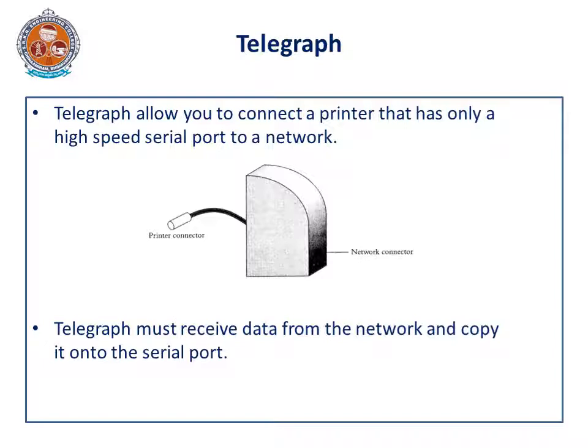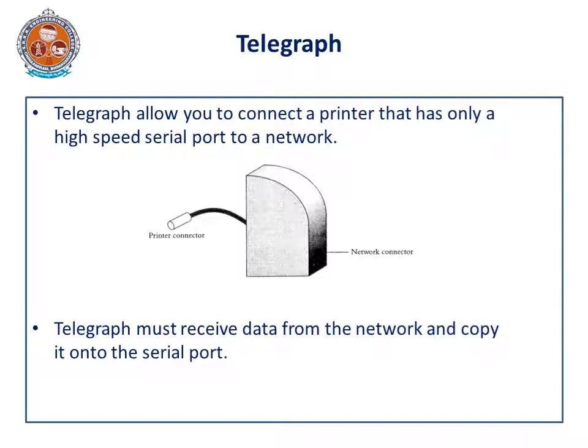The telegraph must feed the printer one job at a time and maintain network computers in a queue for printer utilization. A network printer must provide status information about the printer to network computers, and that is done by the telegraph, not by the serial port printer.